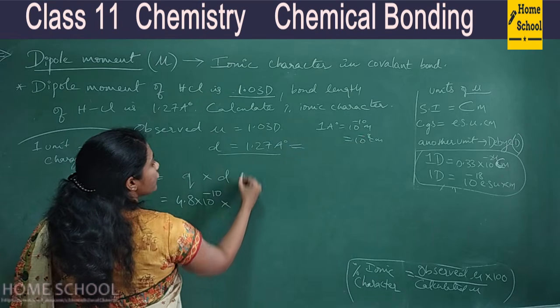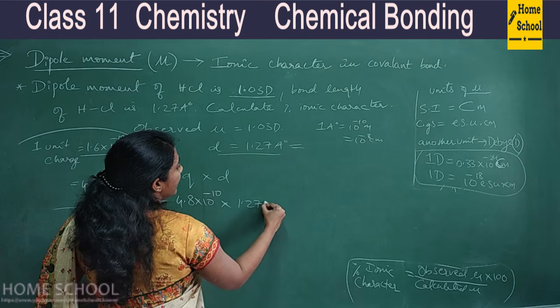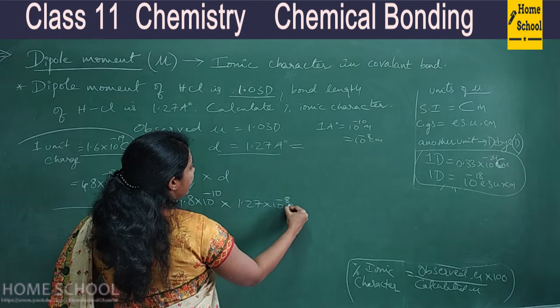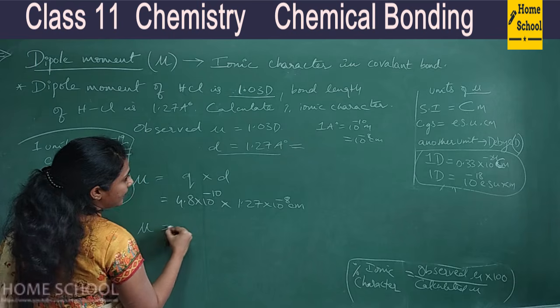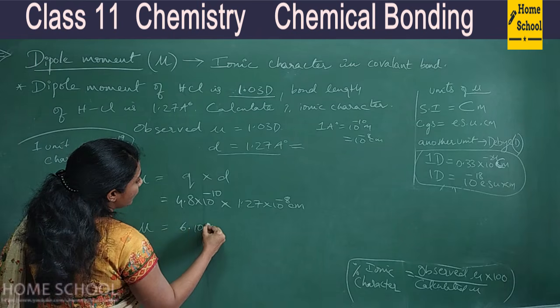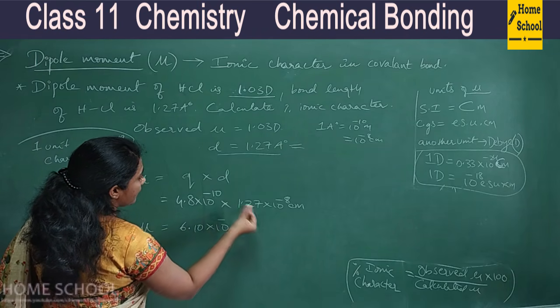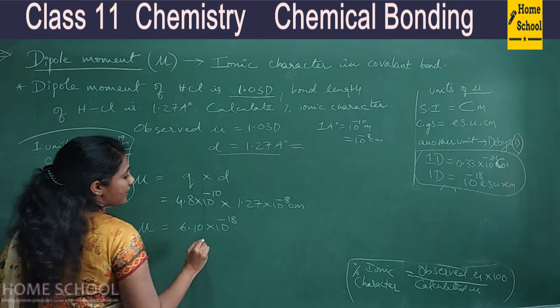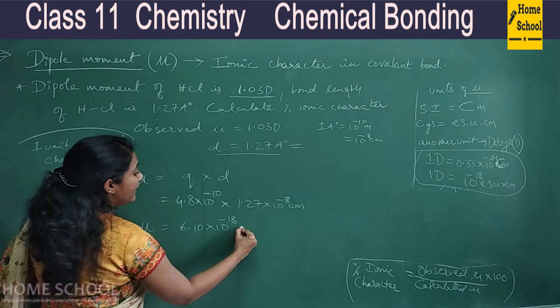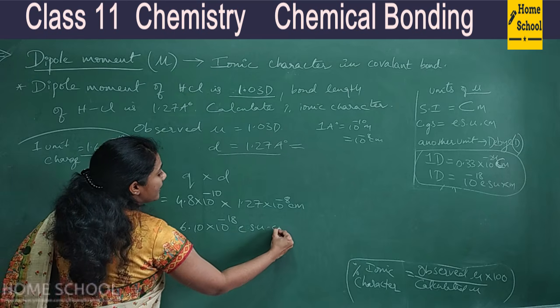So how much? 1.27 into 10 power minus 8 centimeter. So what is the new value you will get here? 6.10 into 10 power minus 18. 10 power minus 10 into 10 power minus 8 is 10 power minus 18 ESU centimeter.